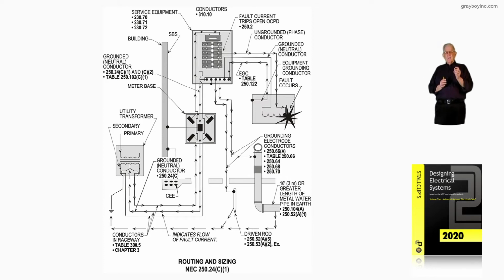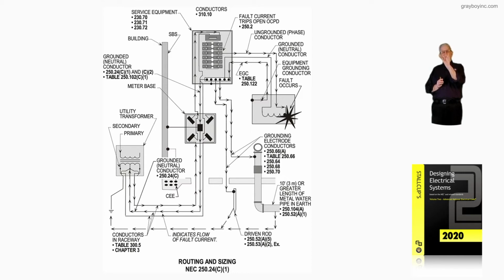So again, let's keep this consistent. 4 coming from the transformer, routed through the meter to the panel board main of 225 amps, 4. Then you see in the illustration to the left, up toward the top, right below the building arrow, it talks about 250.102(C)(1).